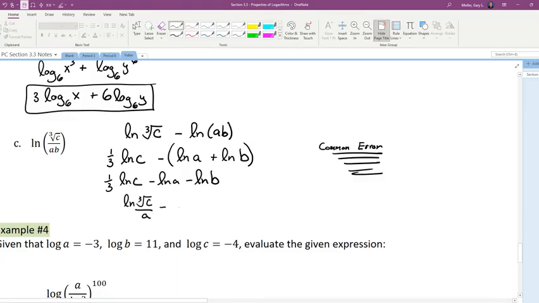But now it says minus natural log of b, which technically means I would have the cube root of c over a divided by b. But dividing by b is the same as multiplying by 1 over b instead. And so where does that b end up? It ends up in the denominator where it belongs.